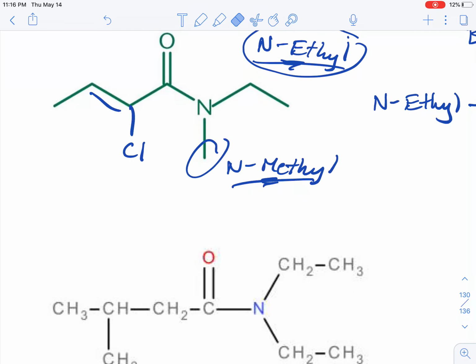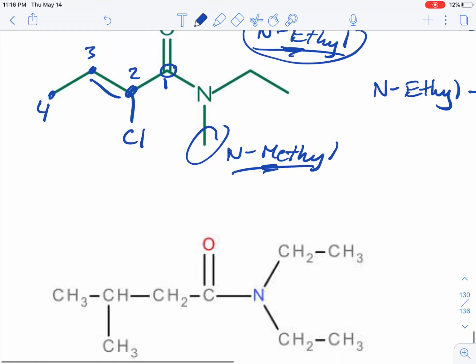But you should be able to name the substituents and double bonds for parent chains. That's something that you guys are capable of naming at this point in time. And so since this is carbon 1, this is carbon 2, this is carbon 3, carbon 4. It looks like I have a 2-chloro.